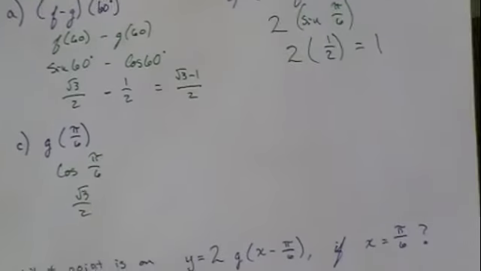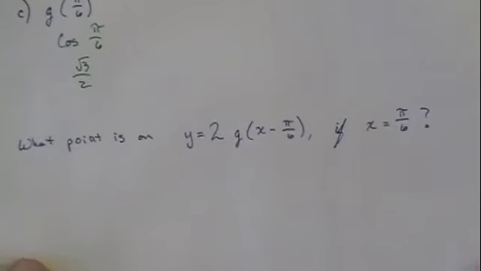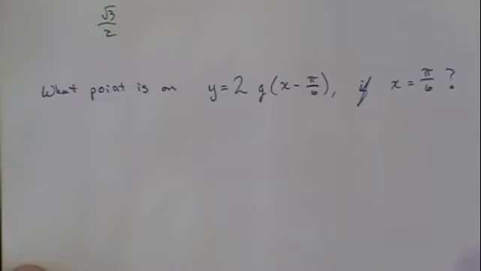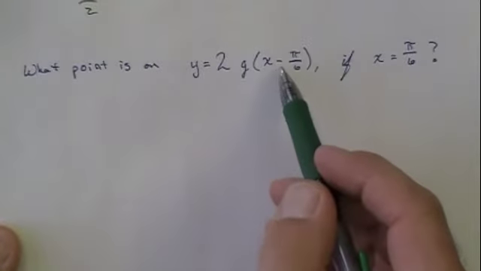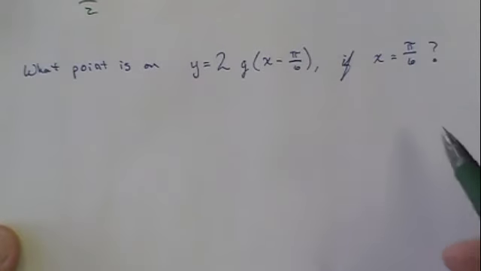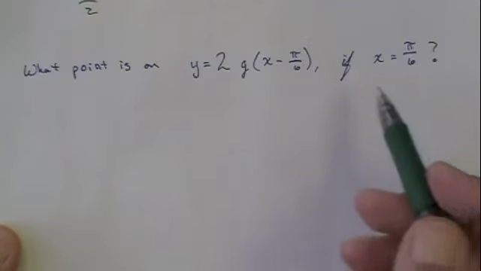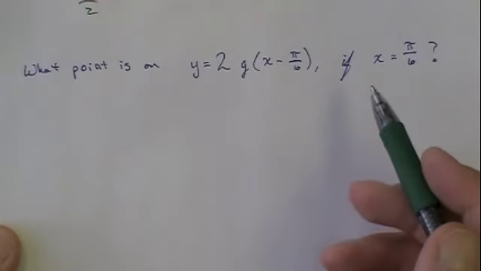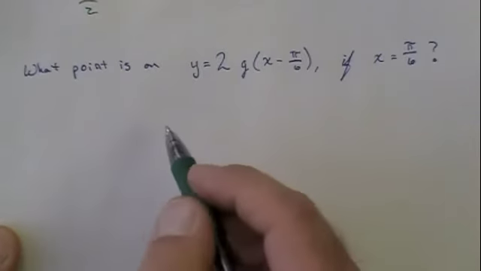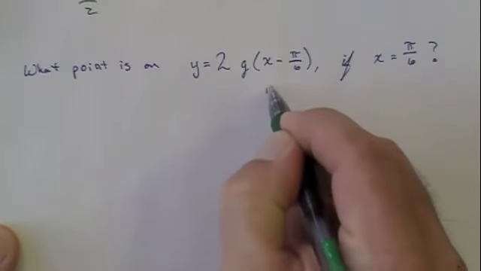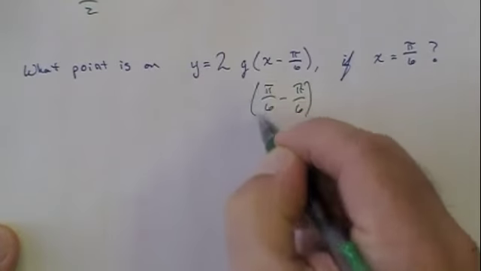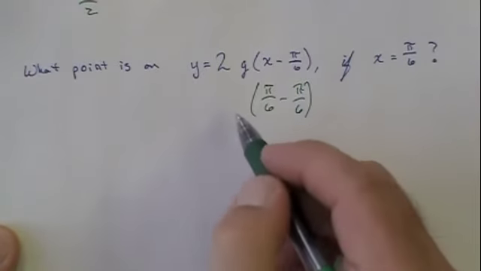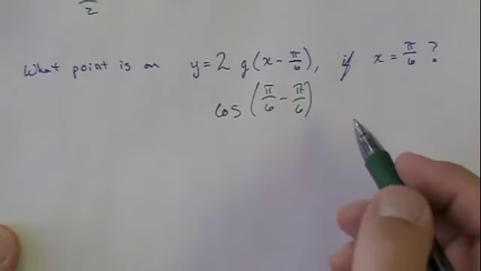Now let's say that we're asked what point is on y equals 2 times g of x minus pi over 6 if we have x equal to pi over 6. Alright, so we just solved part of that. We found if we plug in pi over 6 here minus pi over 6, we know g is cosine, so we're taking the cosine of 0.